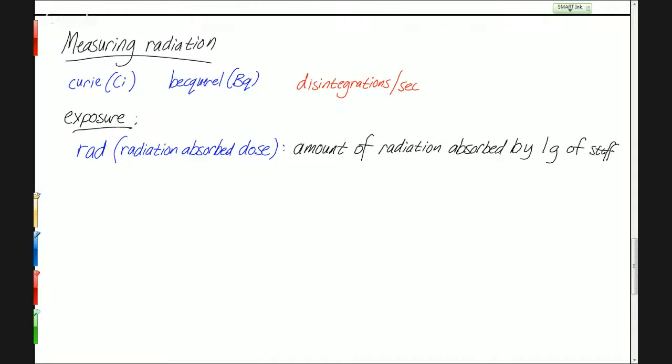So instead of measuring how much radiation is emitted by something, it's how much is absorbed. And that's a measure of exposure.